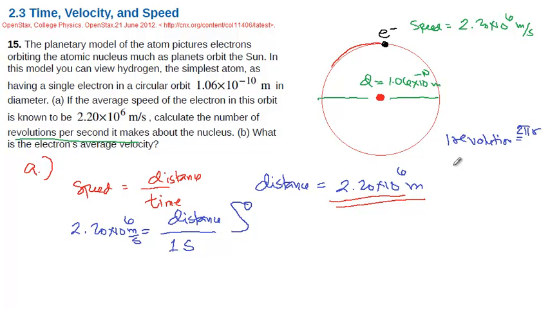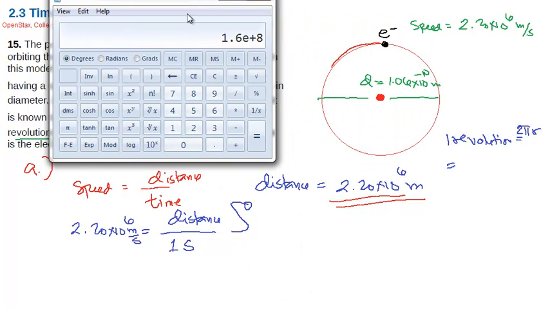So one revolution is equal to 2 times pi times r. What's the radius? It's 1.06 times 10 to the negative 10, but this is the diameter, so we divide that by 2.